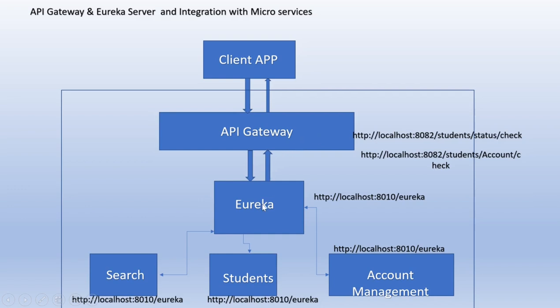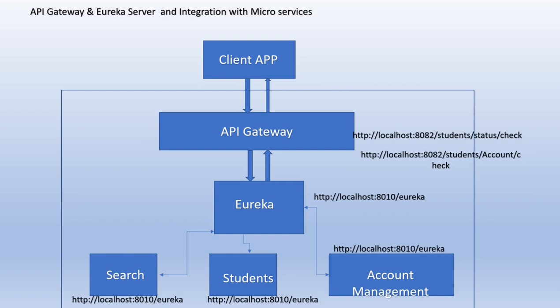Suppose the request is for an accounts check, then it will go to account management. Likewise, if it is looking for search, the API gateway will first check with Eureka, and once the request is received by Eureka, it is Eureka's responsibility to identify which service the API gateway is looking for. Accordingly, based on the request, it will be identified.